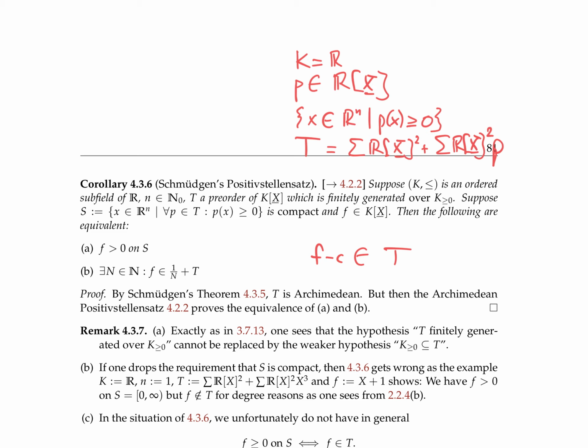Of course, I can then artificially restrict the degree. I can just look for certificates where the degree of these sums of squares is somehow restricted.